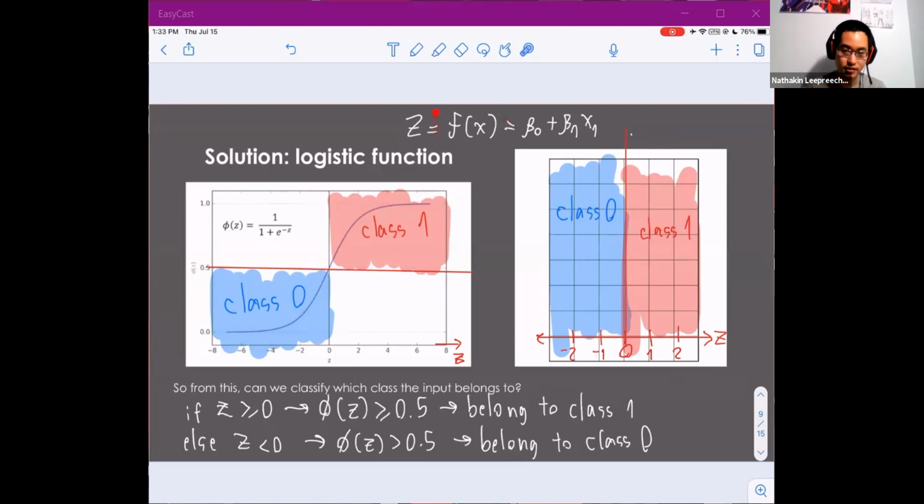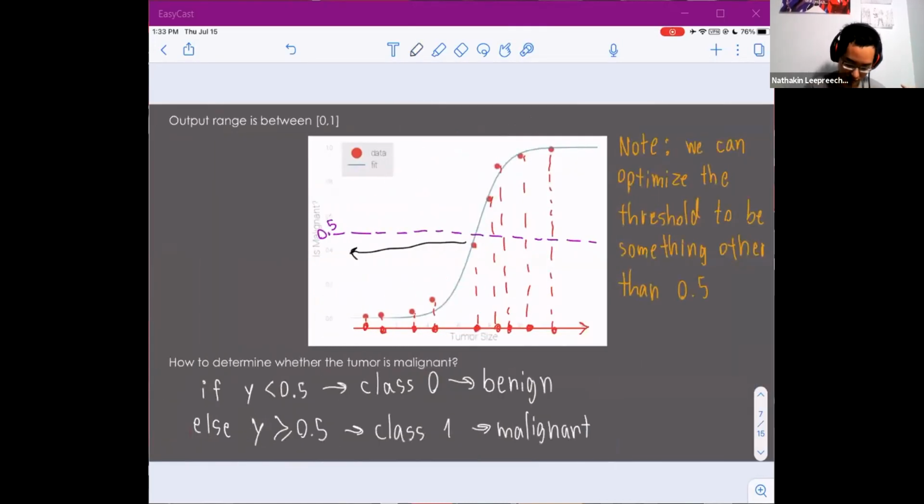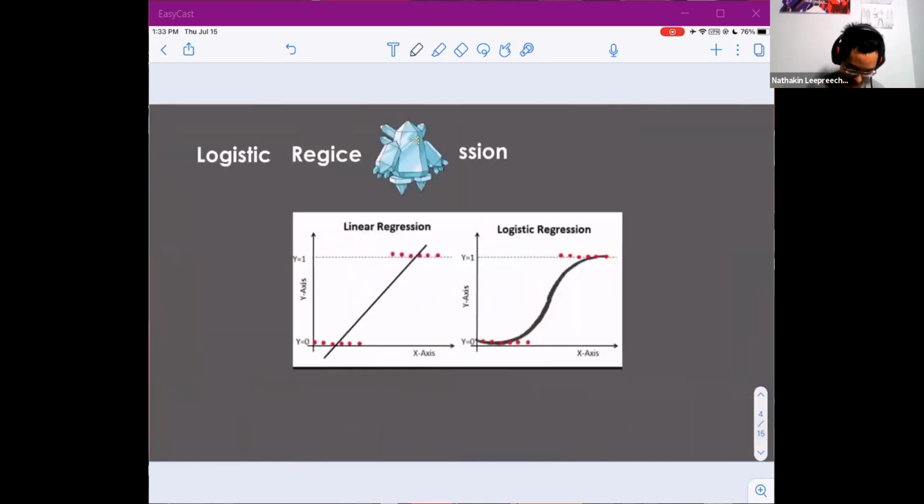As Ethan also said, that kind of looks like linear regression. But then we want to find a way to transform that linear regression into classification, because remember we have f of x is equal to beta 0 plus beta 1 x, right?